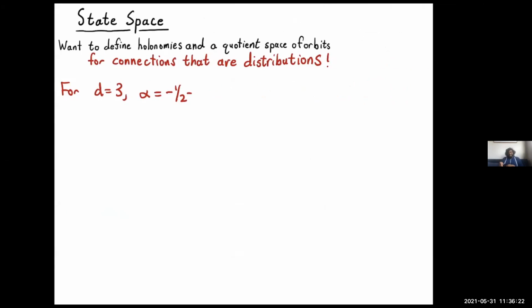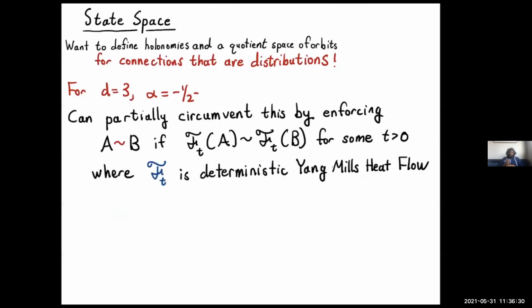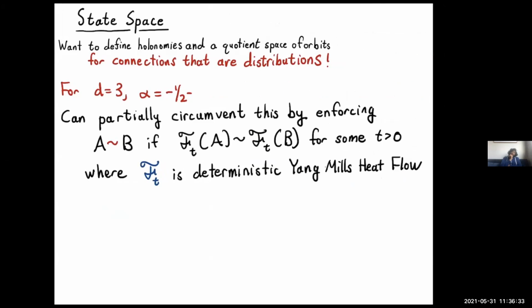In 3 dimensions, you're not borderline. You missed the mark by quite a bit. So you can partially circumvent this problem by trying to regularize. You can define a new equivalence relation by saying that 2 distributional gauge connections are equivalent if you can find some time such that if you evolve them under the deterministic Yang-Mills heat flow, which is regularizing, then they're gauge equivalent in the classical sense.